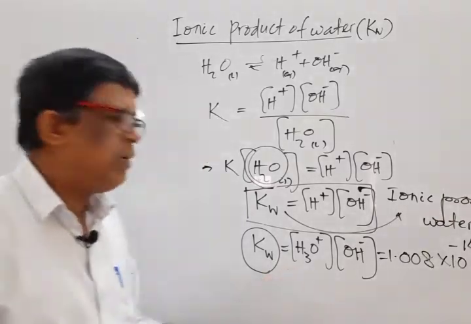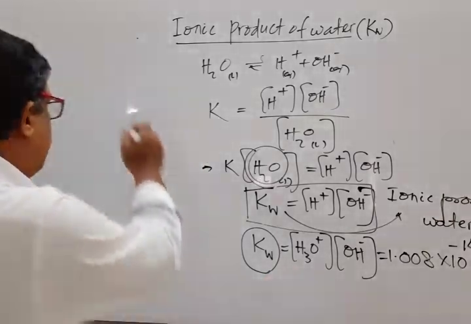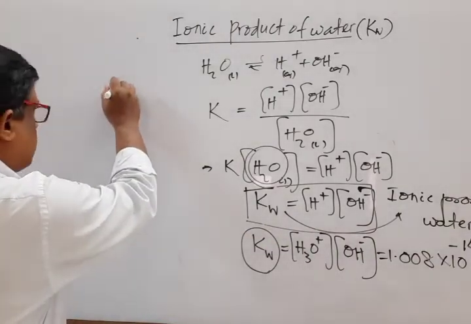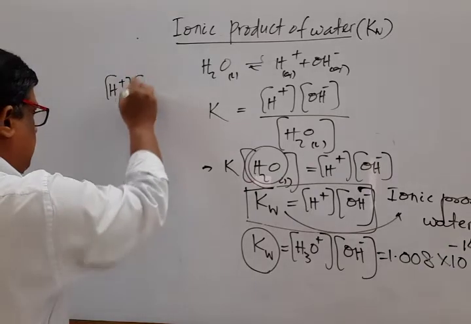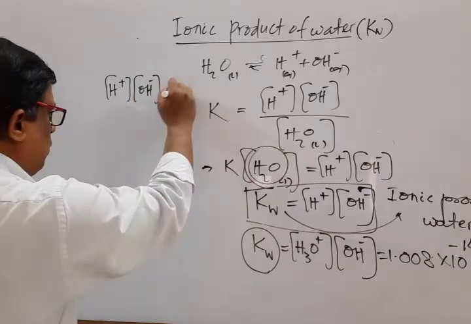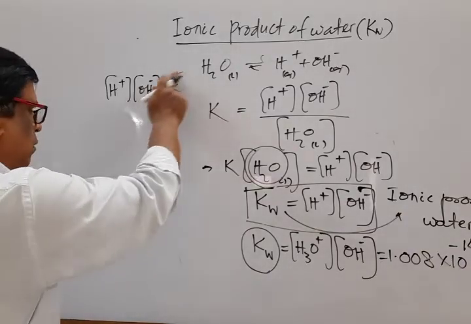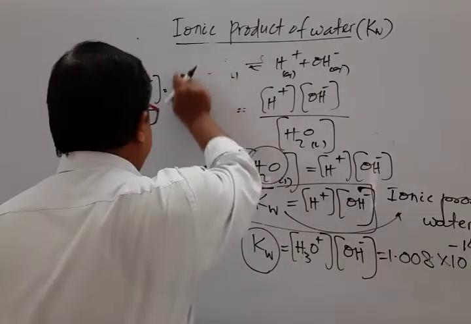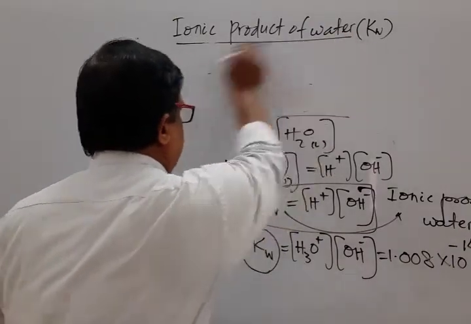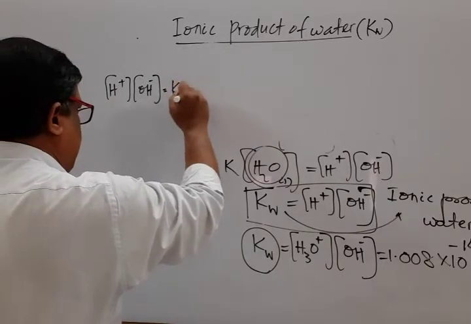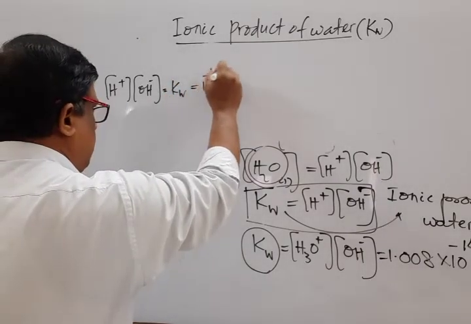So from this also it is clear, mark that, H plus ion concentration into OH minus ion concentration is equal to Kw. One can also derive some relationships: Kw is equal to 10 to the power minus 14.